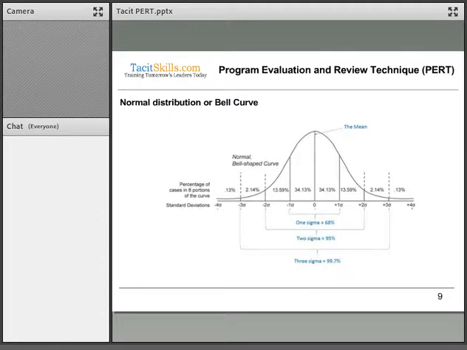If we look at a normal distribution, a bell curve, and assume a perfect bell curve, then if we plot a large number of randomly occurring instances, we would find that the majority of these instances tend to be close to the mean. And as we go further to the pessimistic or the optimistic side, we see that it gets less and less.